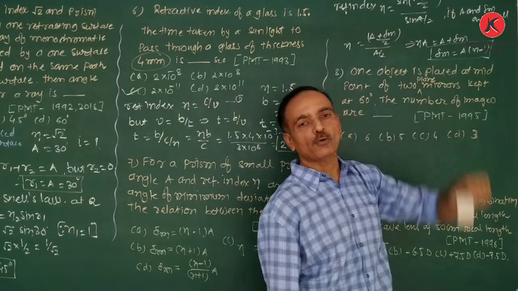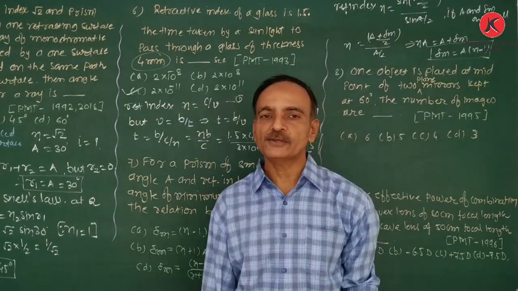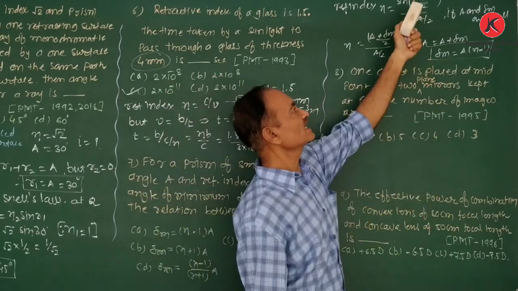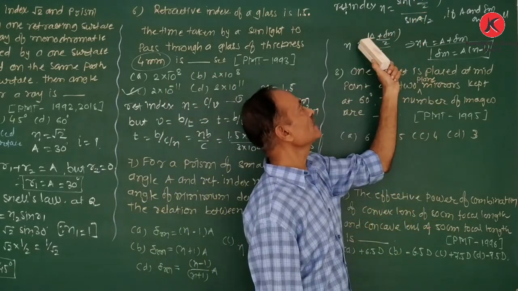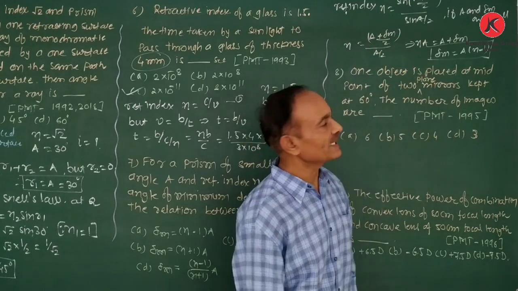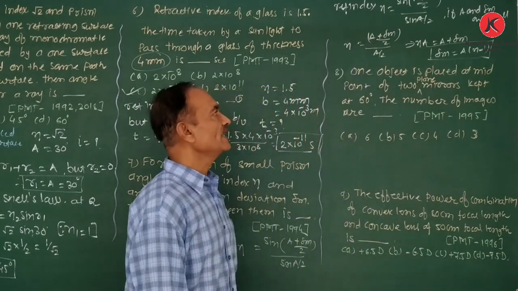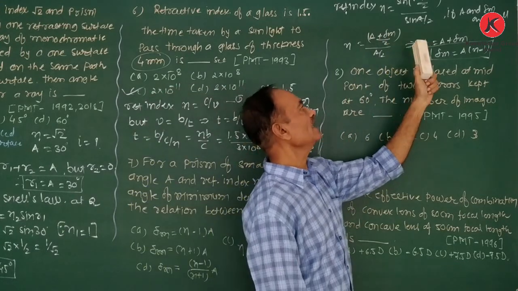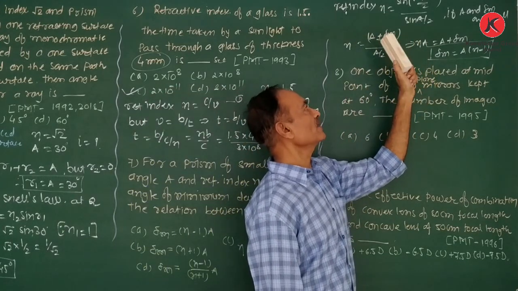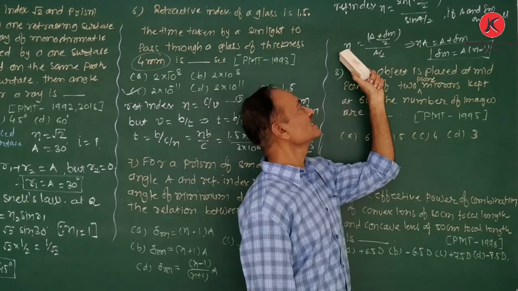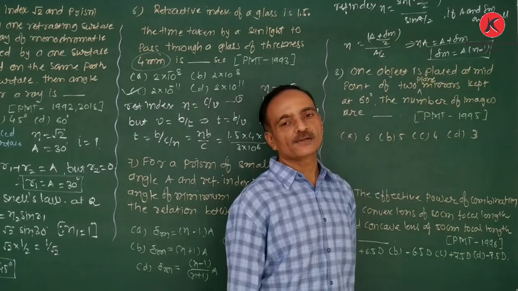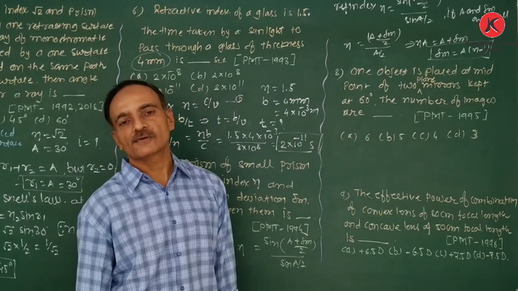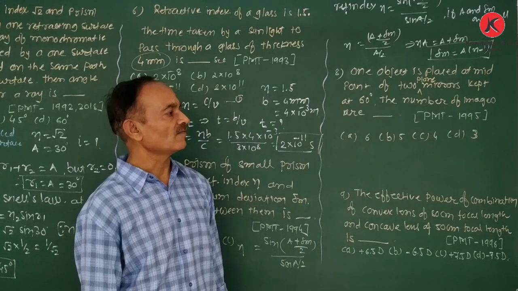Therefore, the sine values of (A plus delta m)/2 and A/2 also become small, so we consider sine cancelled out. Therefore, n = ((A plus delta m)/2) upon A/2. Simply, 2 cancel. Therefore, n = (A plus delta m) upon A. A taken this side, nA = A plus delta m, and then delta m = A(n minus 1).